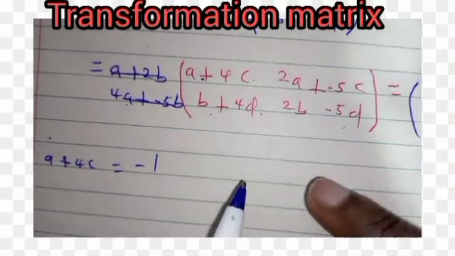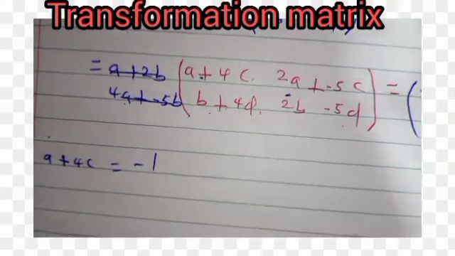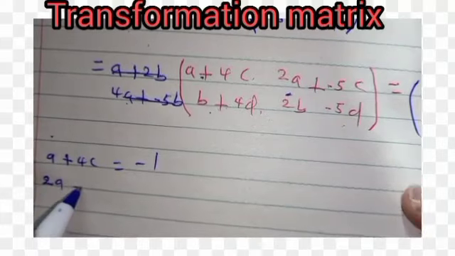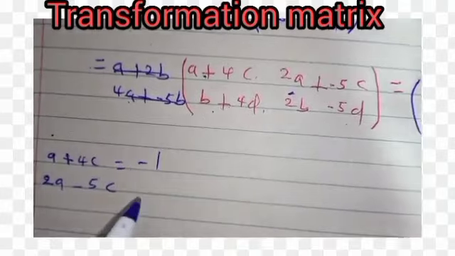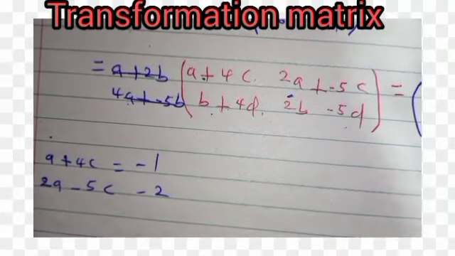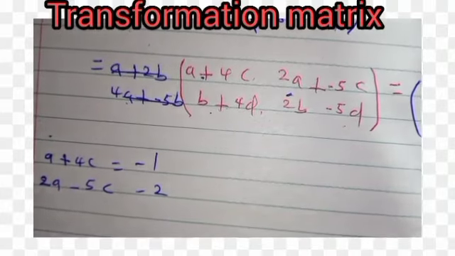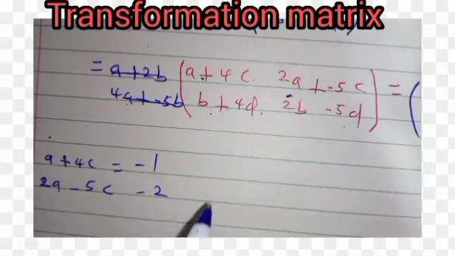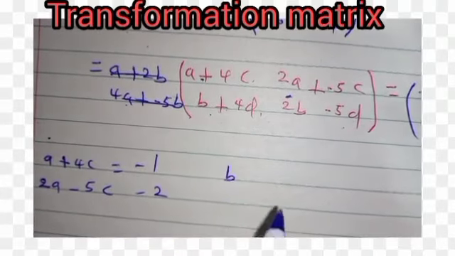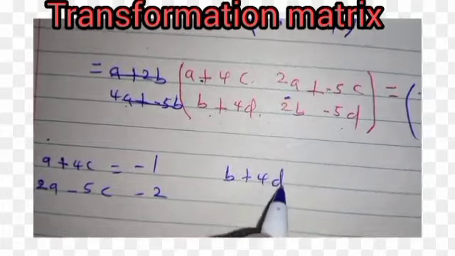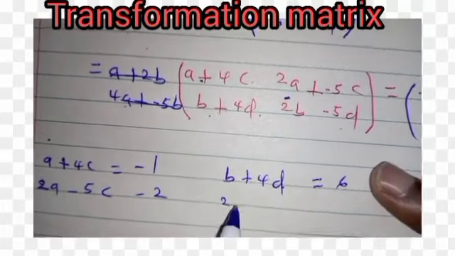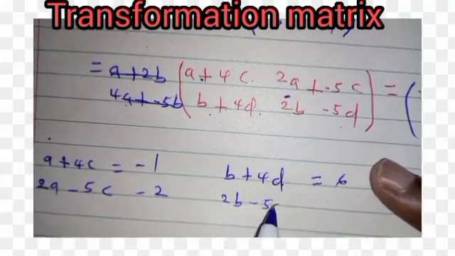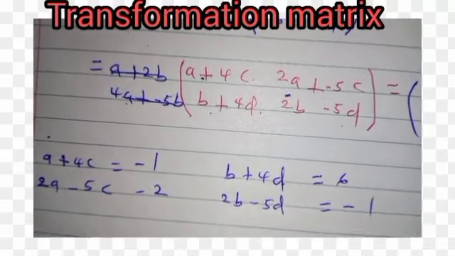And also it means that 2A minus 5C is equal to negative 2. That is the meaning. Then this other part, B plus 4D is equal to 6. And also 2B minus 5D is equal to negative 1.